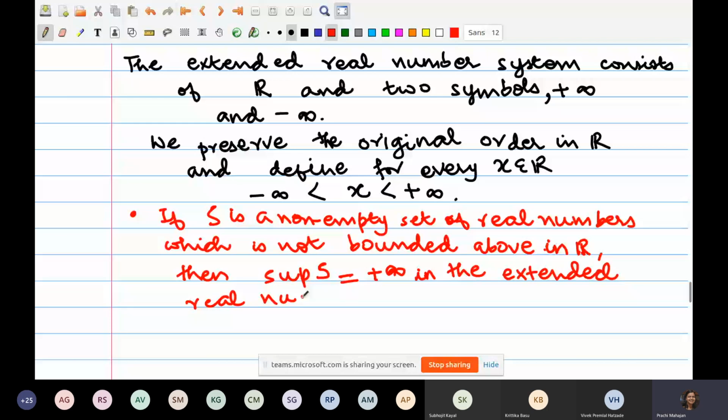So if somebody asks you what is the supremum of S in the real number system, you would say it does not exist. But the supremum of S in the extended real number system is positive infinity. Is that okay?